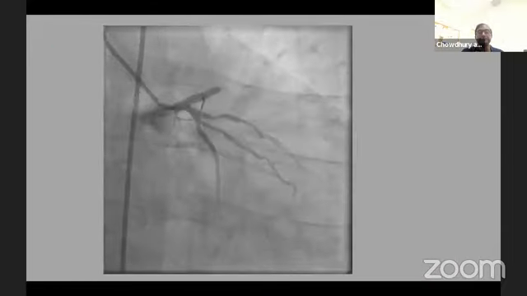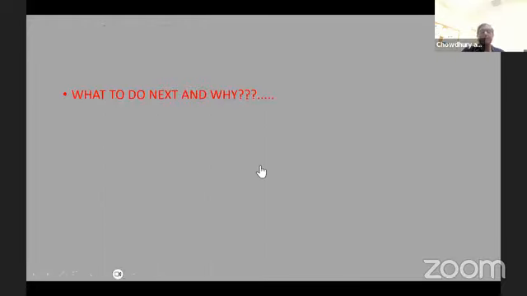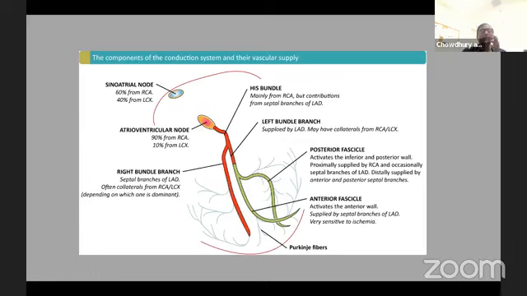Yes. And this is the problem. And in this case, it is a bigger problem because it is very rare where you can have two culprit arteries. And in that case, you need to choose.